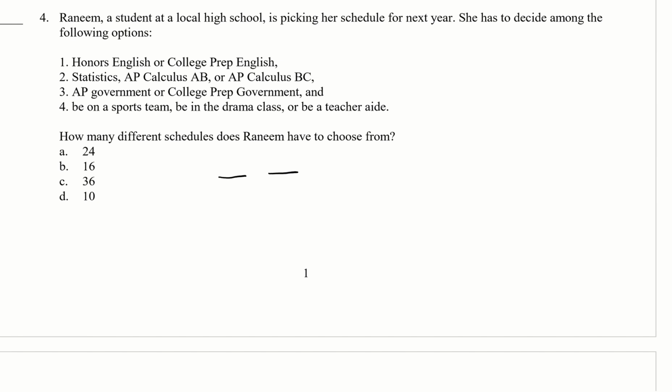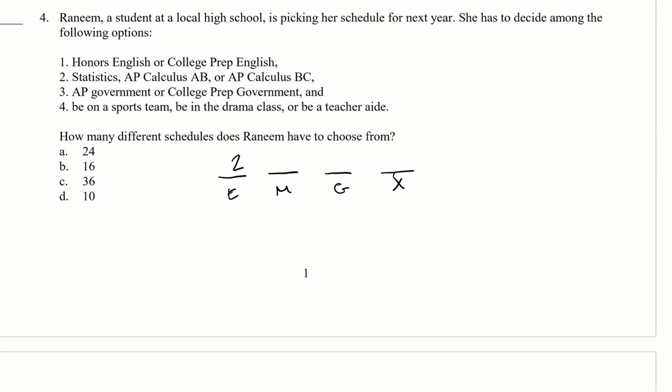So again, we have 4 slots, 1, 2, 3, 4. This is for English, this is for math, this is for government, and this is for extracurricular, so I'll say X for extracurricular. So how many choices does she have for English?